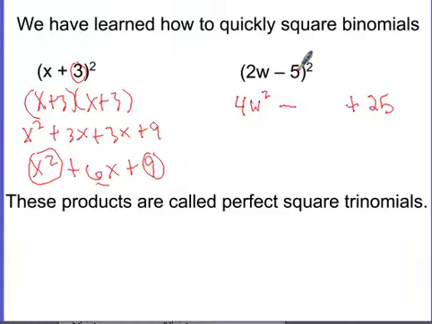We'd have a 25 at the end because we got 5 squared at the end. And then the middle term, we'd have these two times each other. So 2w times 5 is 10w, but then times 2, right? So minus 20w. And that's the shortcut when we know we have a perfect square.